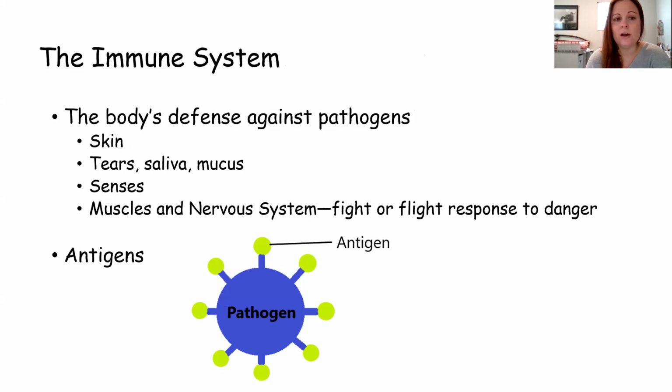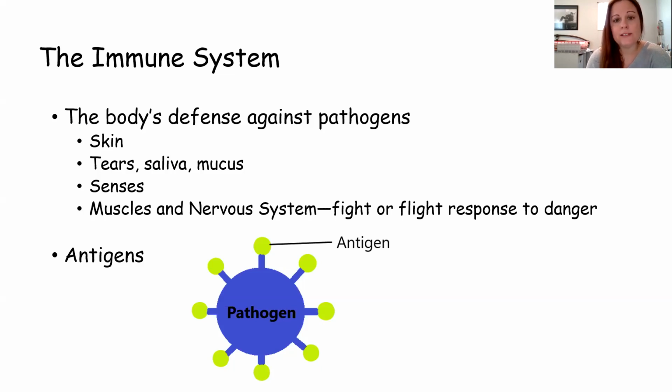So the skin is the ultimate defender against pathogens, and then your body also produces secretions like tears, saliva, and mucus to try to trap foreign pathogens before they enter the rest of the circulatory system. Your senses, sight, smell, taste, those are also defense mechanisms against harmful pathogens.